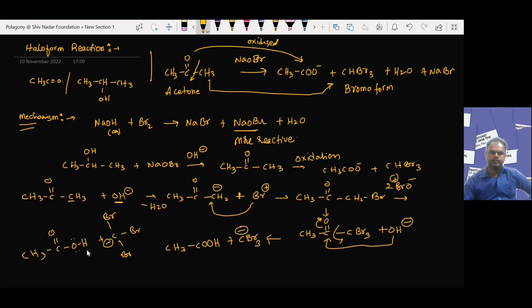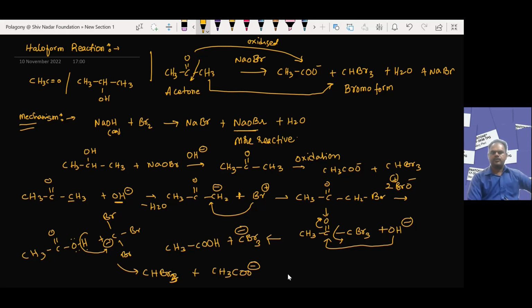Then a proton shifts from the oxygen to this carbon, and CHBr3, bromoform, is produced here. Tribromomethane is formed. Then the CH3COO minus carboxylate ion is formed. So this is the mechanism involved.